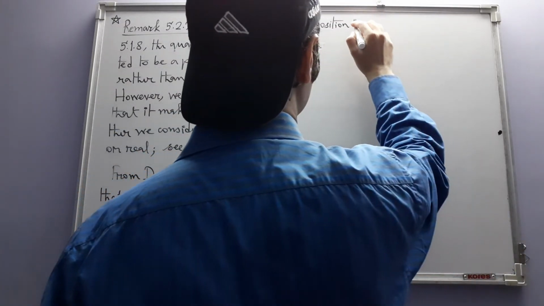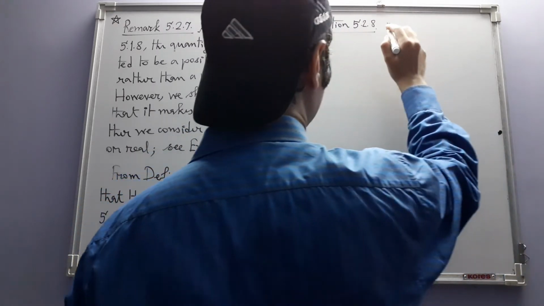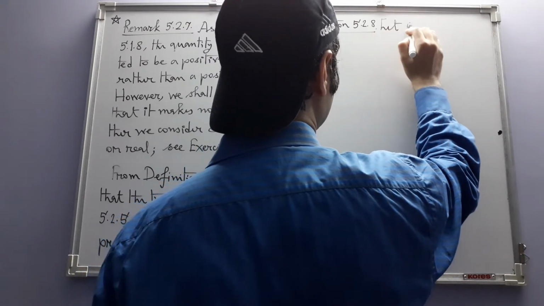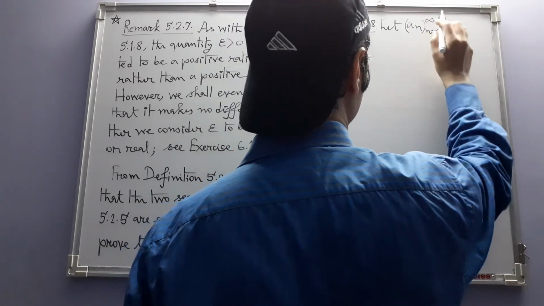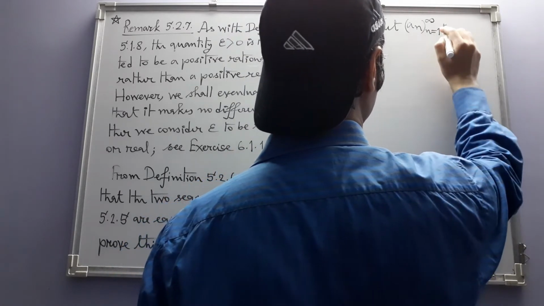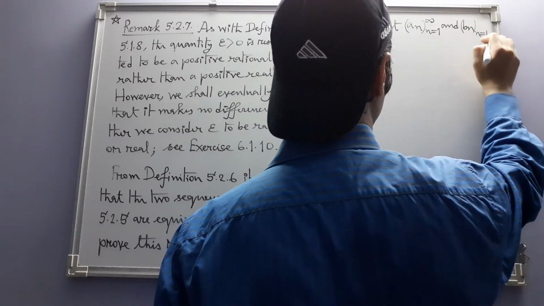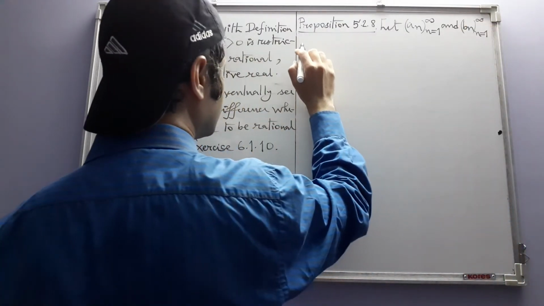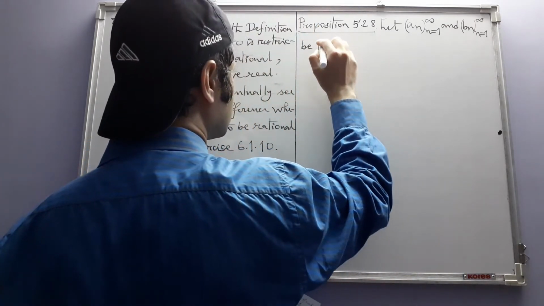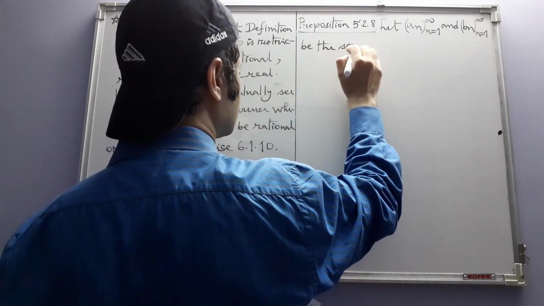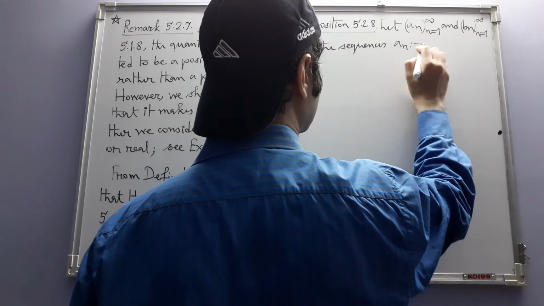Proposition 5.2.8. Let an, where n varies from 1 and goes on, and bn be the sequences defined like this.